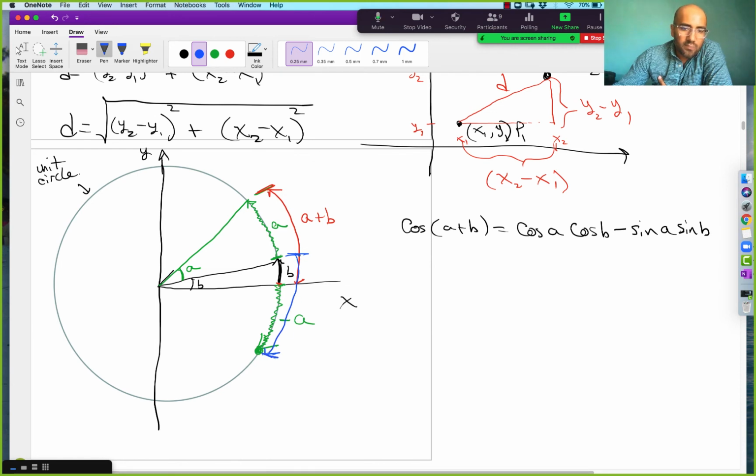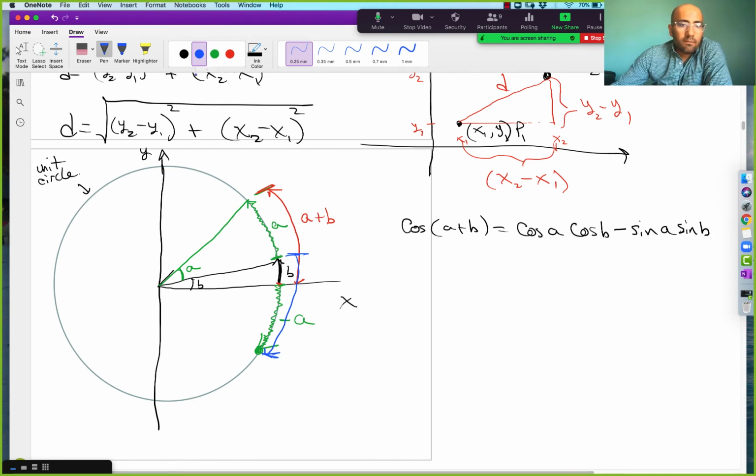The arc that includes this B and this A minus B, this B and then this distance down here should be the same. Does that make sense? They both have one distance of A.